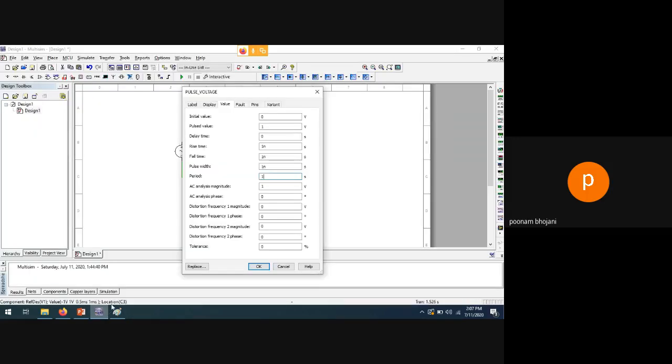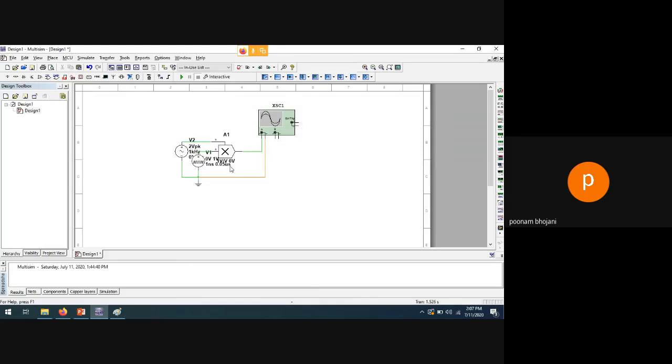I will take different values and tell you what effect this period has on the sampling. So let me set it right now to, let's say, 0.05 microsecond. I will increase and decrease it afterwards. Right now I am setting it to 0.05 microsecond, and let's see what is happening at the output side.